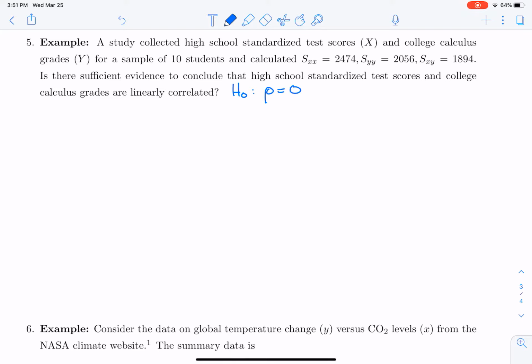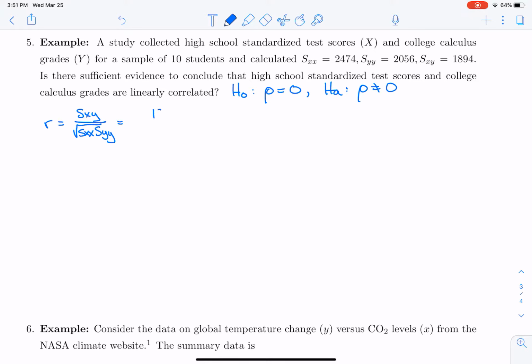Is the null hypothesis true? That's rho is 0, there's no correlation, or the alternative, that rho is not 0. So first, we have to compute our estimate of rho. We have to compute R. R is going to be S of xy over the square root of S of xx, S of yy.